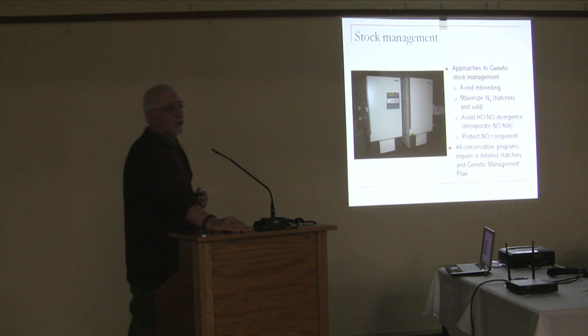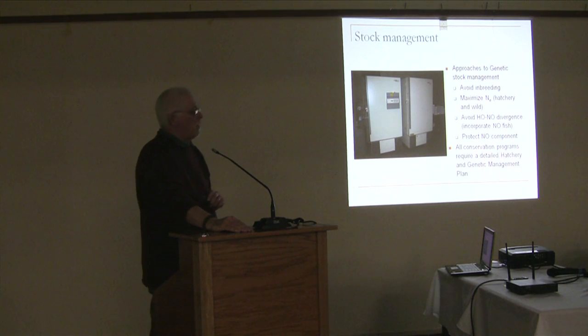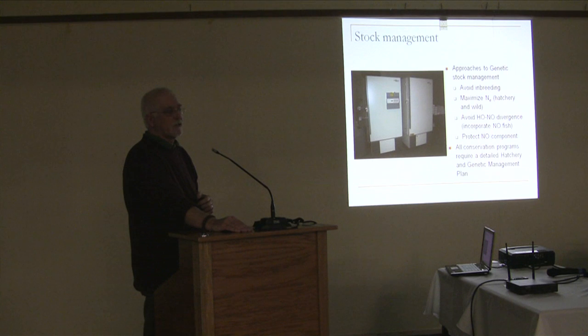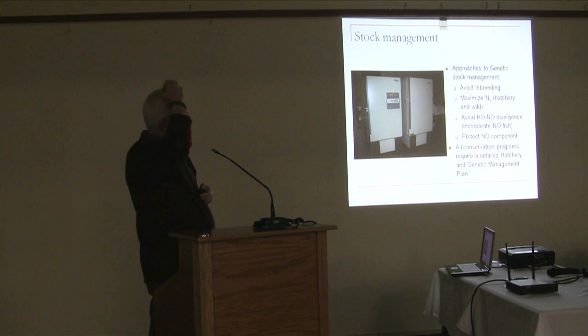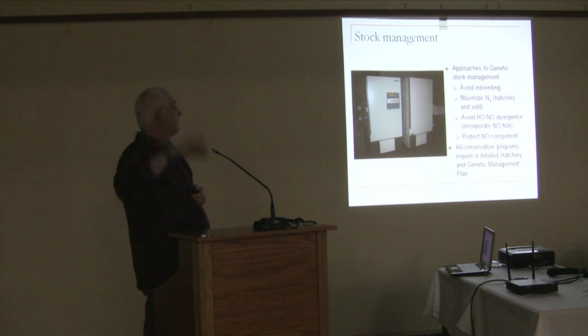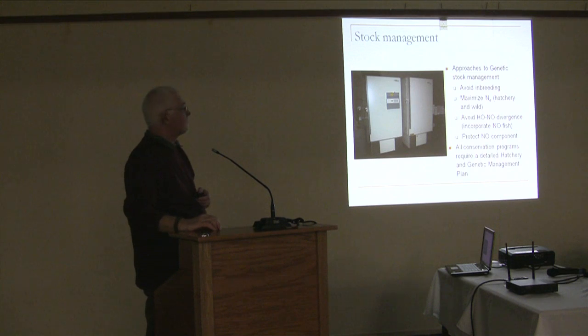One of the big features of conservation programs, no matter what you do, is that they have intensive genetic stock management, and that's true almost across the board. And here we talk about the same things we talked about yesterday: avoiding inbreeding, maximizing effective size of hatchery and wild populations, and the combined hatchery and wild group, avoiding hatchery origin, natural origin divergence for integrated populations, and that's done by incorporating natural origin fish.